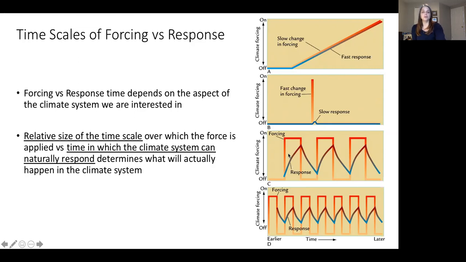In the third example from the bottom here, our forcing mechanism turns on, it's on for a little while, and then it turns off. Our response takes a little while to keep responding to that forcing, reaches its peak, and then when the forcing is turned off it starts to drop down again.